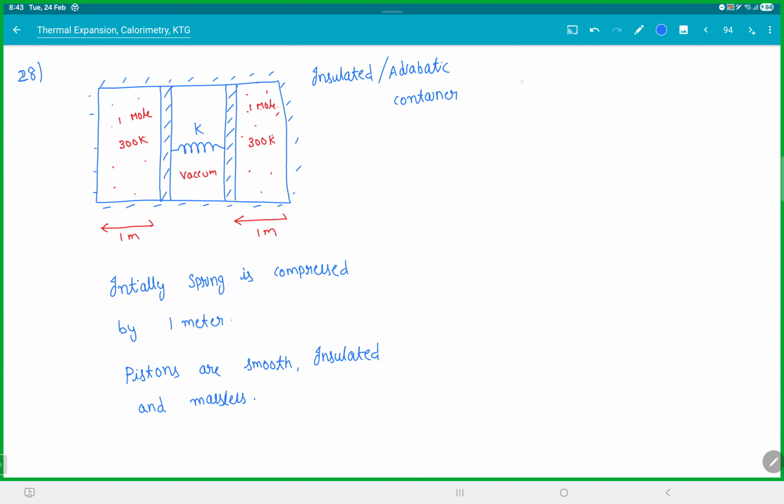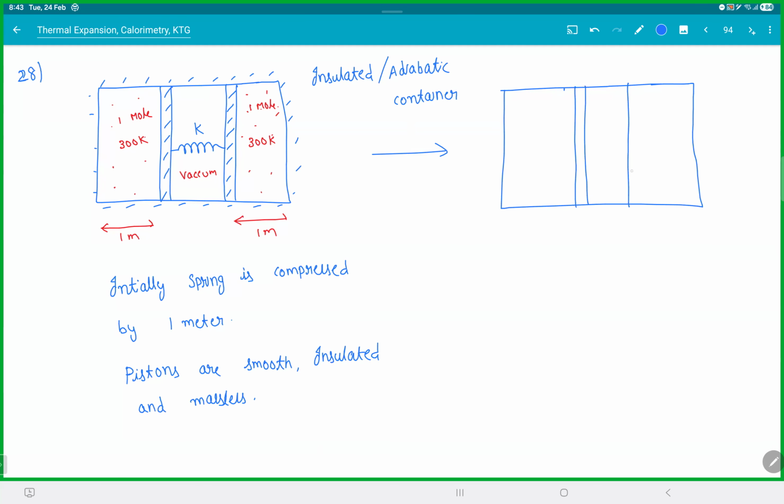Now what we did: in the same compartments, you gave some heat to the gases and they changed temperature. The left compartment's temperature became 400 Kelvin.